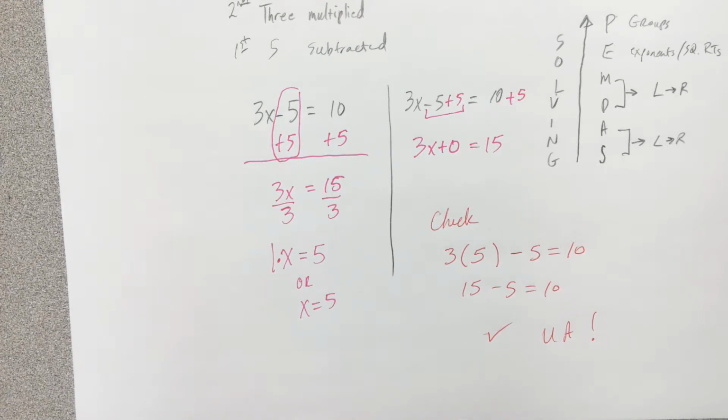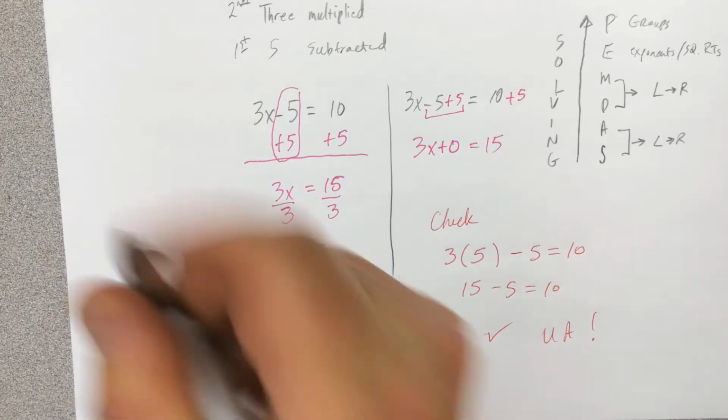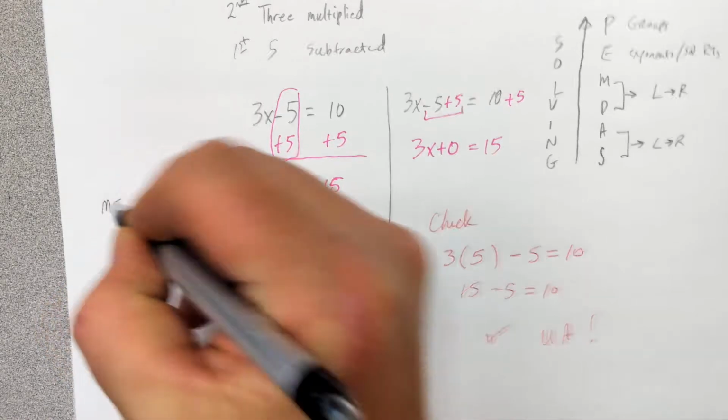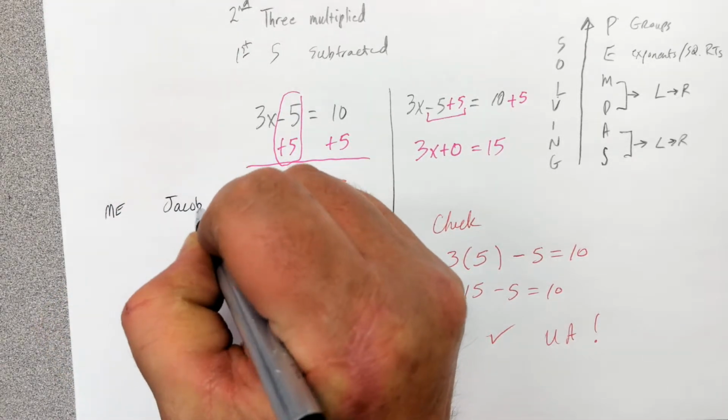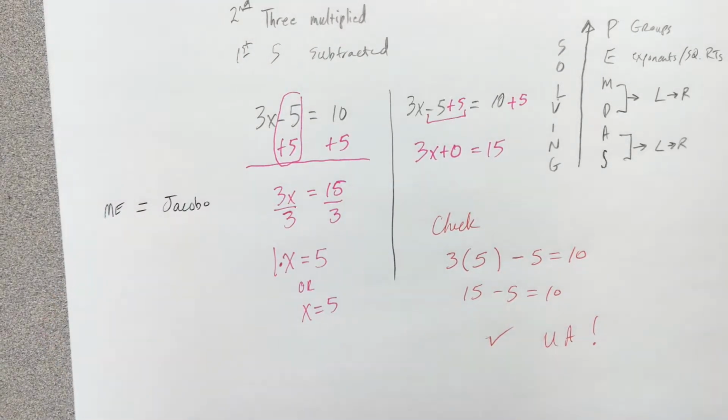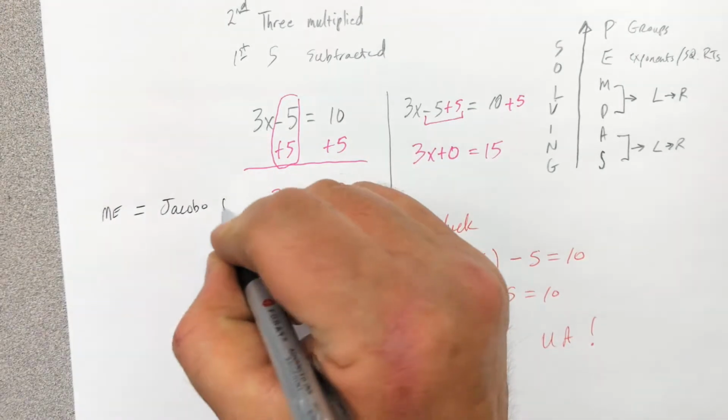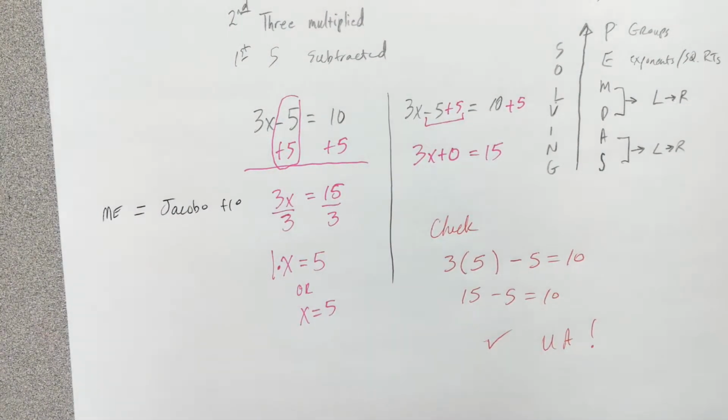And she's a very generous person. So she's going to give you $10, right? Me and Jacobo, we have the same amount of money. But if she gives you $10, we're not equal anymore. So you got to give me $10 too.